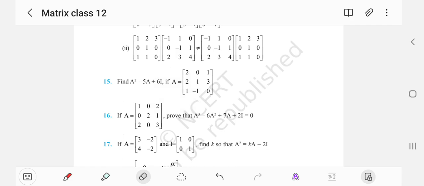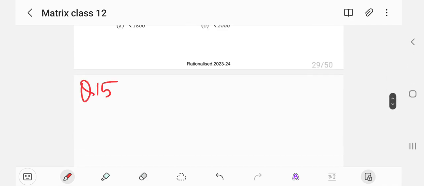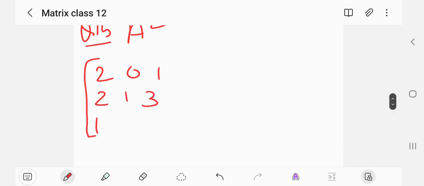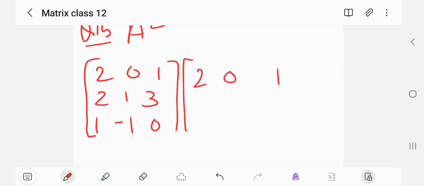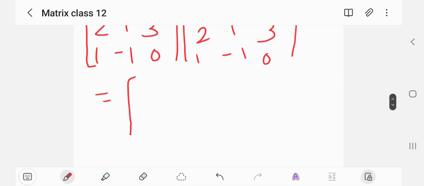Okay, let's solve this question. So we have to first find A square, that is I have to multiply this matrix 2 0 1, 2 1 3, 1 minus 1 0 with itself, that is 2 0 1, 2 1 3, 1 minus 1 0. When I multiply, what will I get?